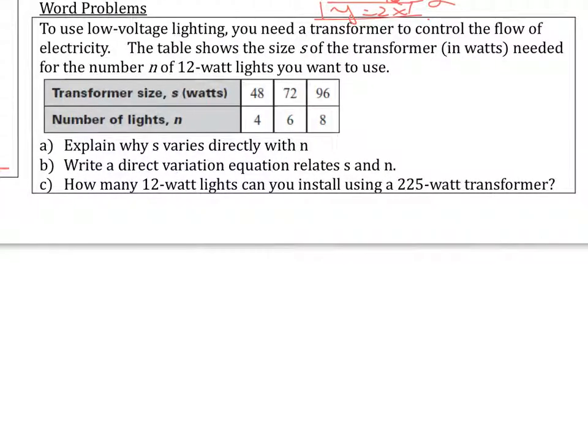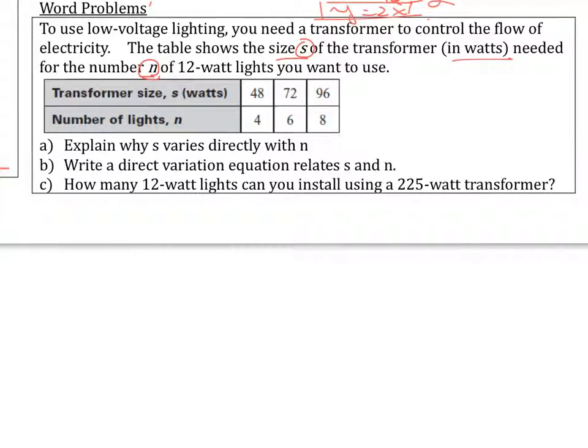Okay, let's look at this word problem. To use low voltage lighting, you need a transformer to control the flow of electricity. The table shows the size S of transformer in watts needed for the number N of 12-watt lights you want to use.